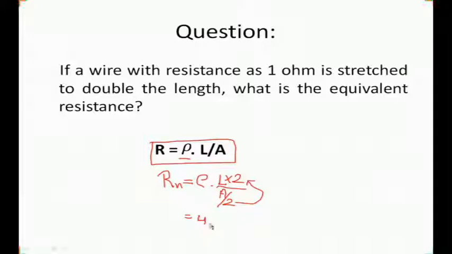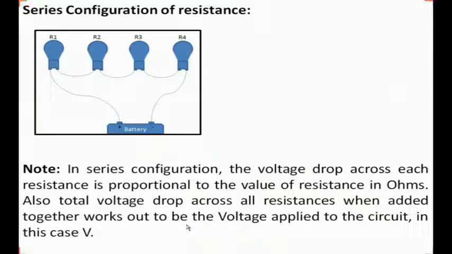The new resistance becomes, this 2 will come in the numerator, 4 into rho into L upon A. So this rho into L upon A, we know that it is the R. So 4 into R. This new resistance becomes 4 into previous resistance, that was R. Okay, so friends, if we stretch a 1 ohm resistance to double the length, area of cross section will become half and the resistance will become 4 times.